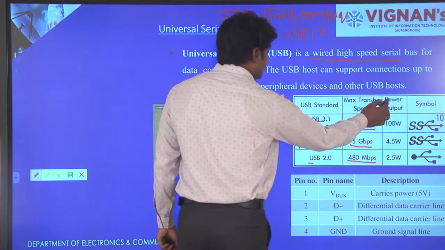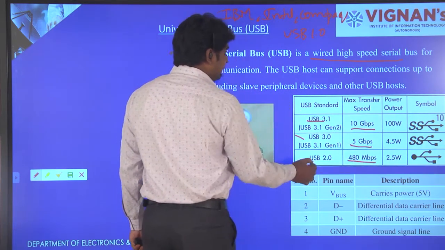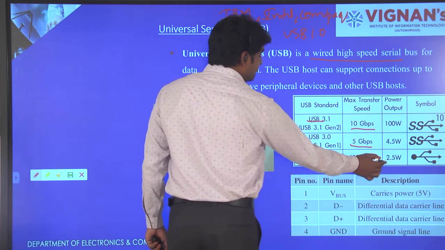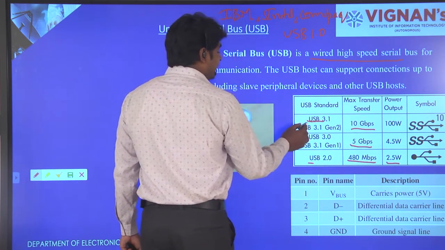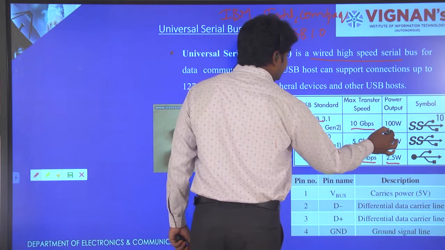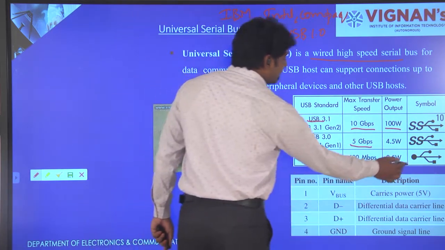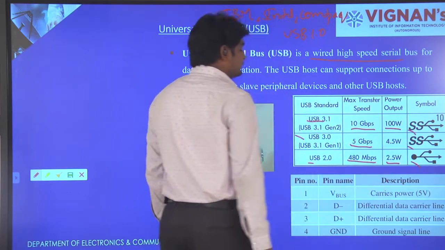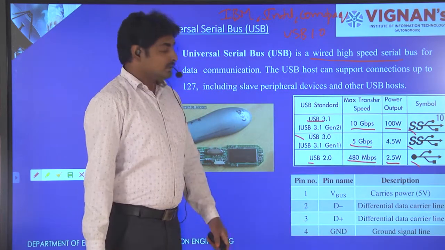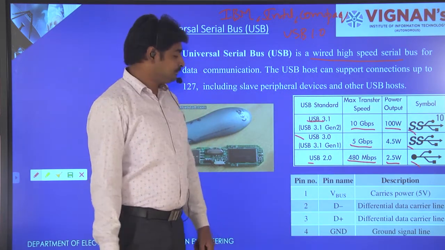Similarly, total power output is also there. For USB 2.0, the total output power is low, whereas for USB 3.1, it is very high, in the range of 100 watts. And these are the symbols which are used to identify that particular USB version.